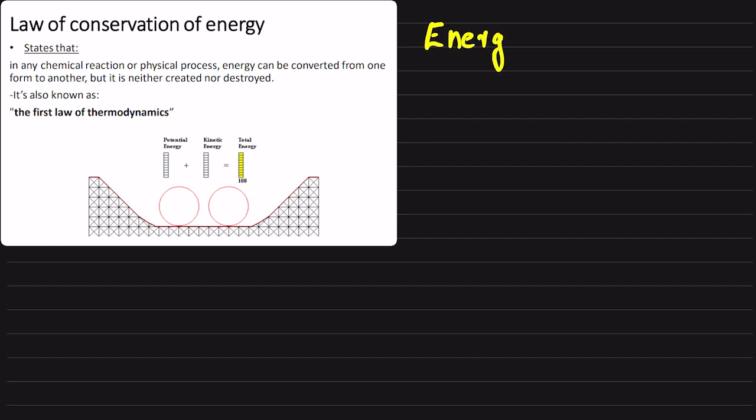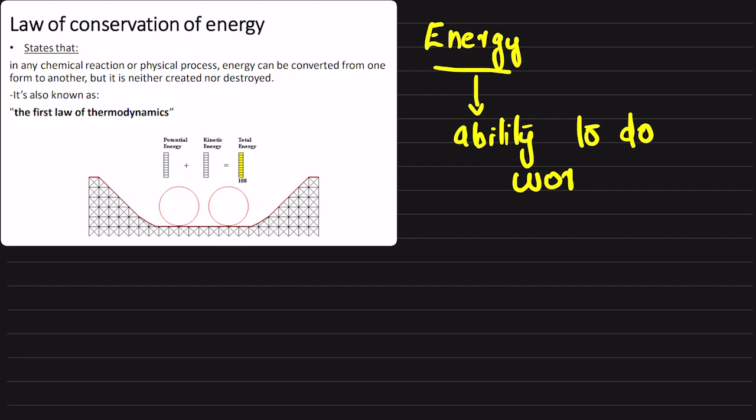In physics, we studied that it is the ability to do work. If we want to do some work, we need energy. So energy is defined as the ability to do work.